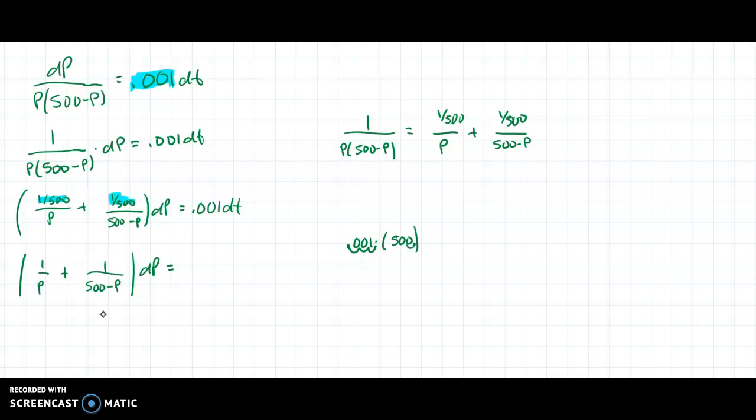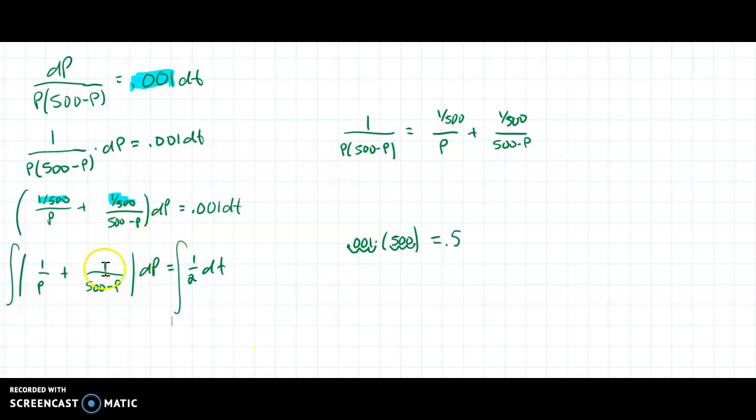The decimal is there, so I go 1, 2, 3. So if I multiply 0.01 by 500, that gives me 0.5 or a half. So what I get is a half dt. So now I am in a spot, finally, where I can integrate this thing. So integral.